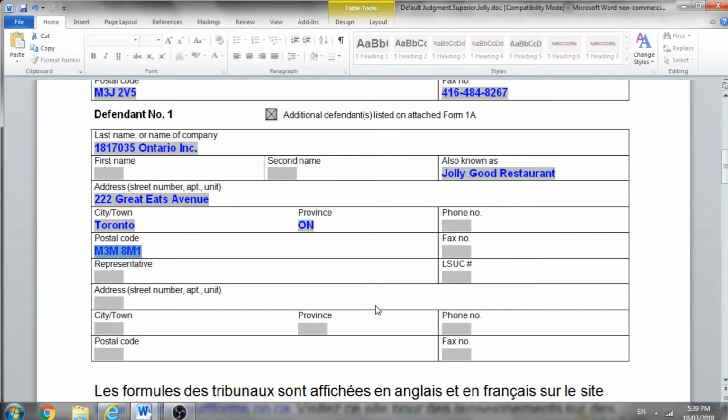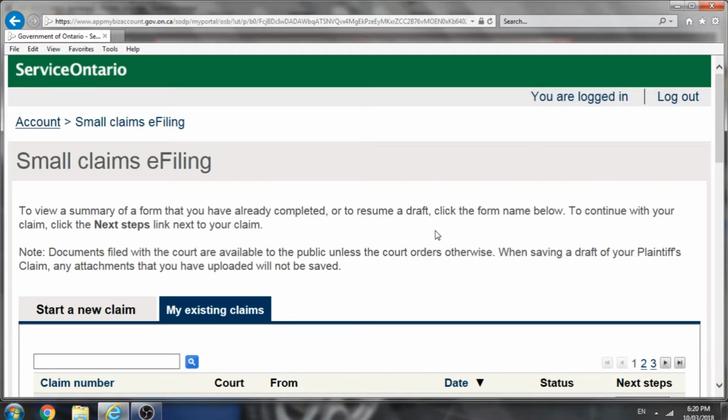Now, here's one more thing. Although we have gone through and completed these forms, if in fact your plaintiff's claim has been issued electronically, you can also file affidavit of service, request noting default, and your default judgment electronically as well. If it's your intention to note defendants in default and request default judgment electronically, very simple.